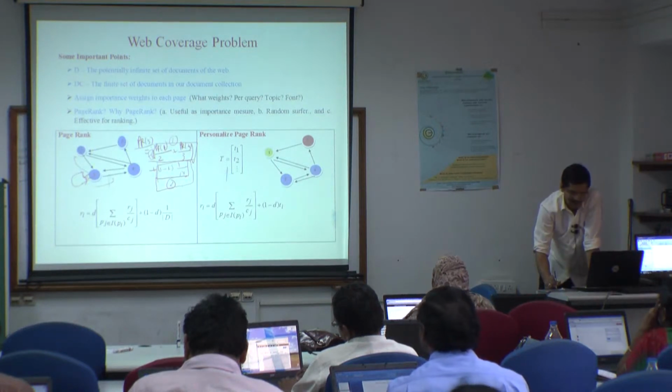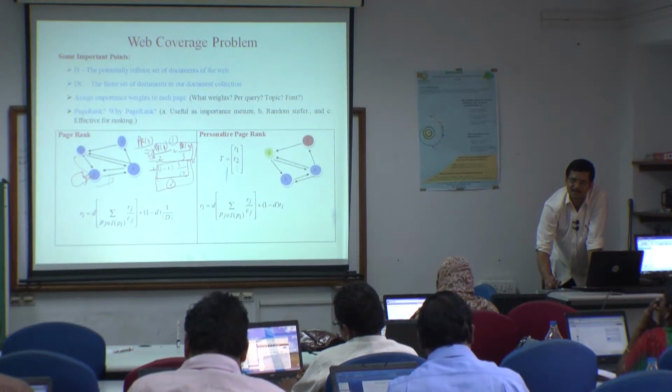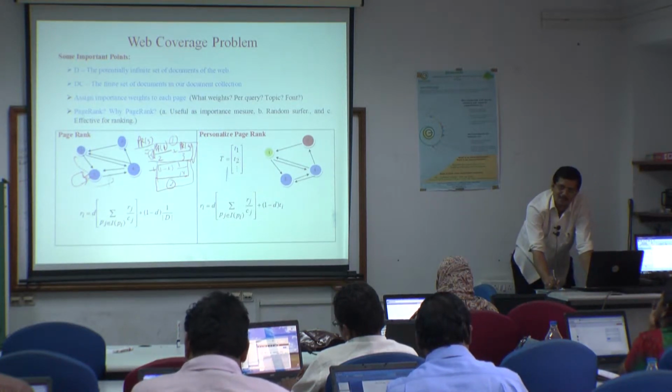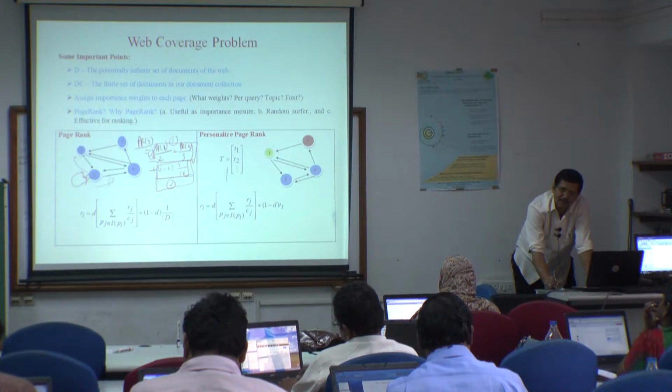This part controls our movement through the pages in the calculation process of PageRank. So this is very important. And what is the use of this part? Suppose you remove this part, then what will happen?